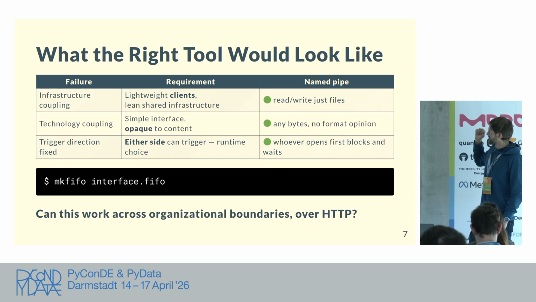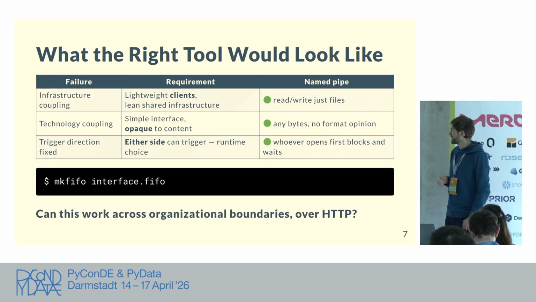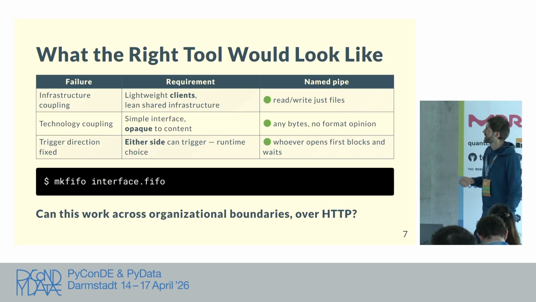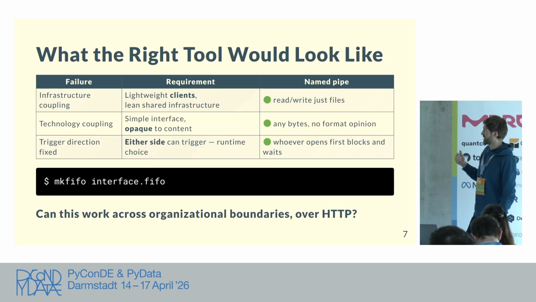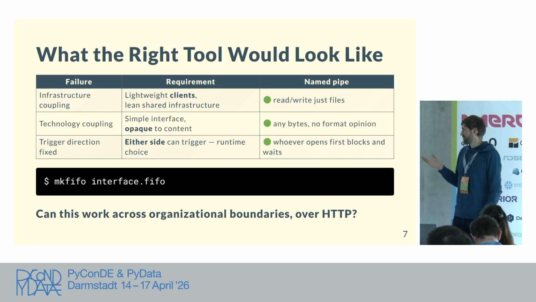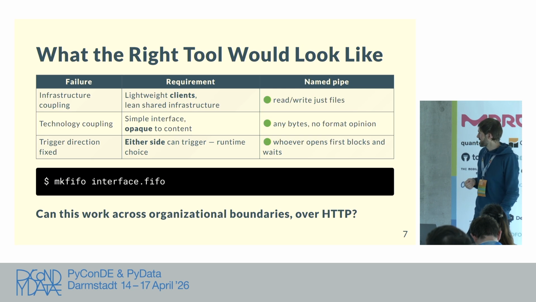And what we see now is that it has very low infrastructure coupling. It's basically just the pipe object provided by the kernel. That's a lean shared infrastructure, and both sides are clients, as we already saw. It just writes files. The technology has a very simple file-like interface, so it works for any bytes, no format restrictions.